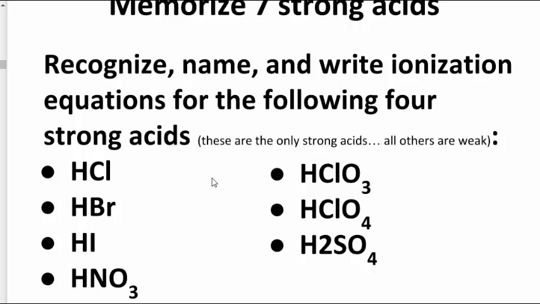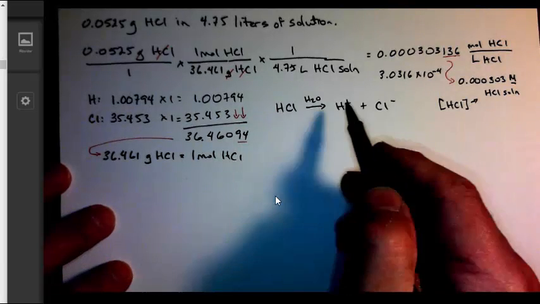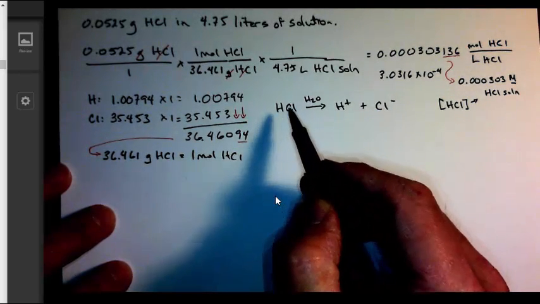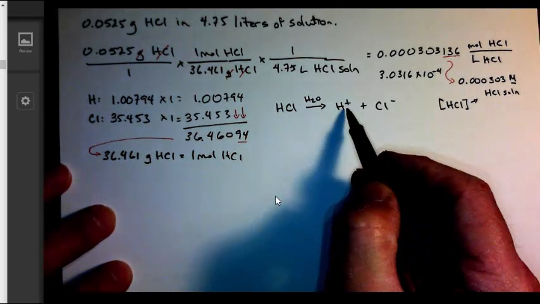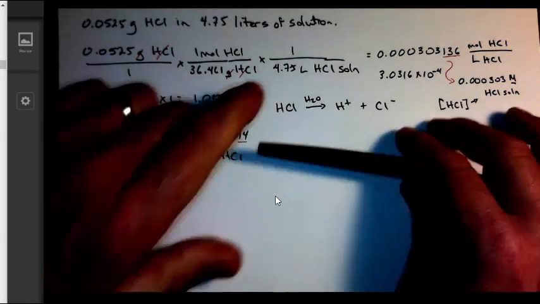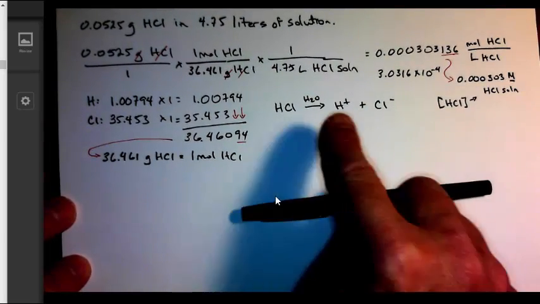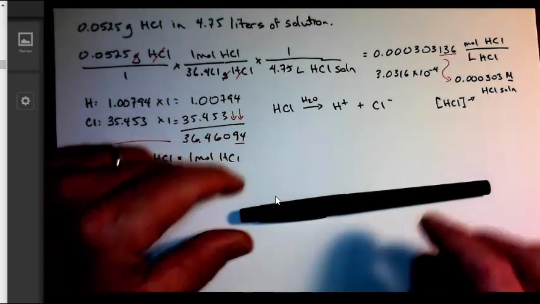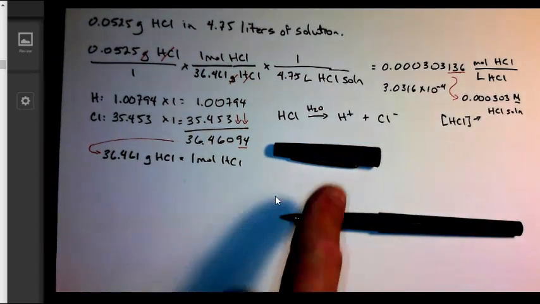Since HCl breaks up completely in water, every HCl unit is going to produce 1 hydrogen ion unit. So if I'm looking at this as my acid unit, HCl, I have 1 HCl, and then when I get it in water, I've got 1 H+.